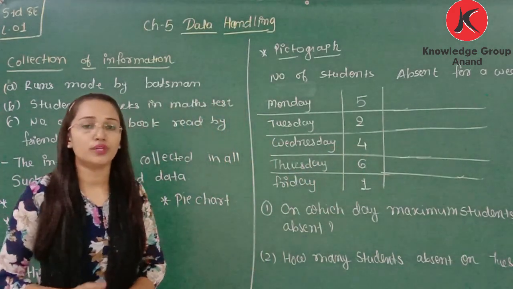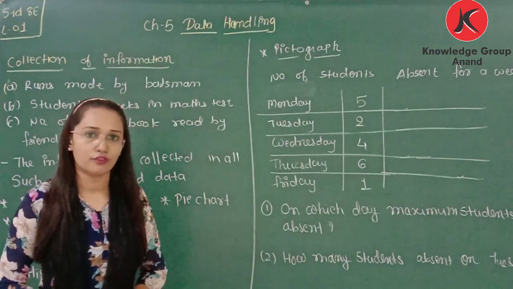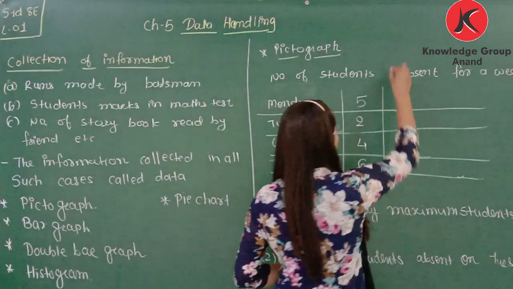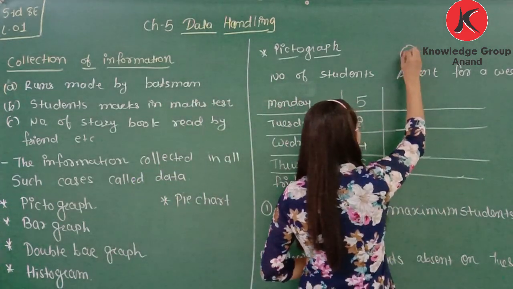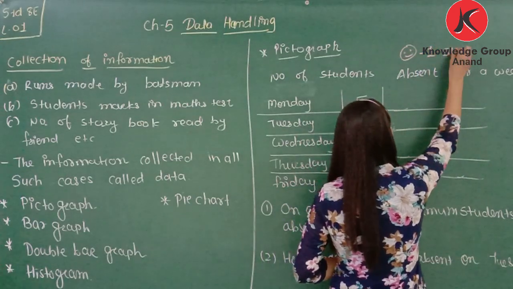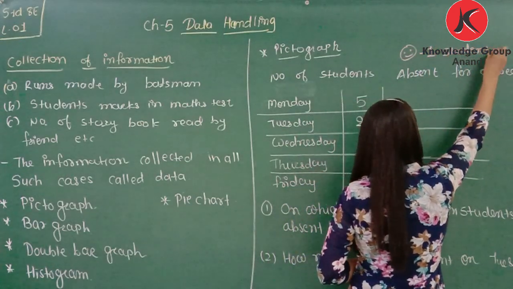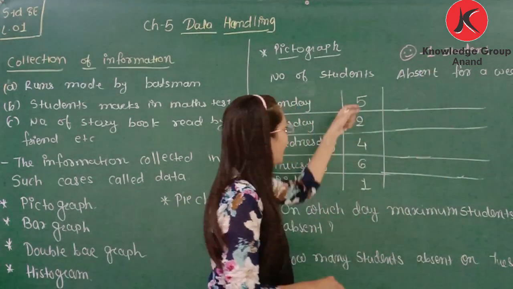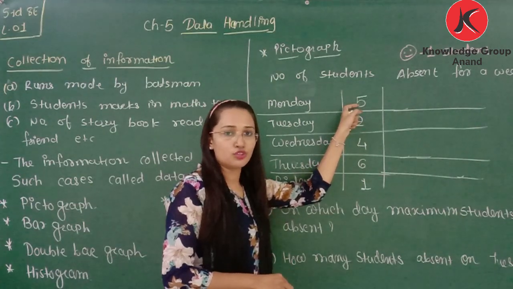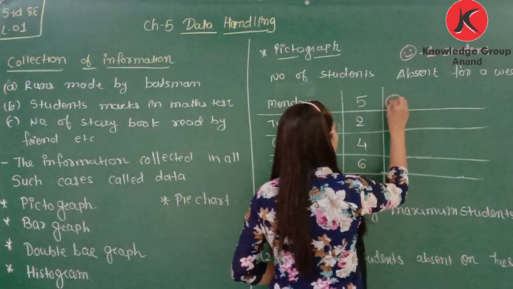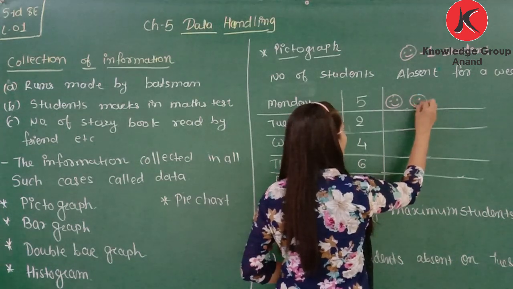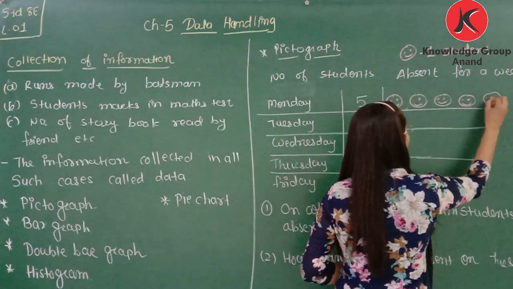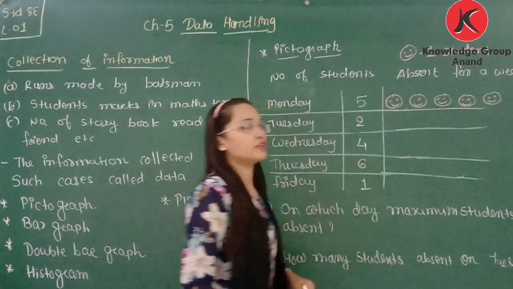If we want to represent this as a pictograph, we need to take some picture representation. Let's take one smiley to represent one student absent. For 5 students absent, how many smileys do we need to draw? We need to draw 5 smileys. This is called the pictorial representation of information.